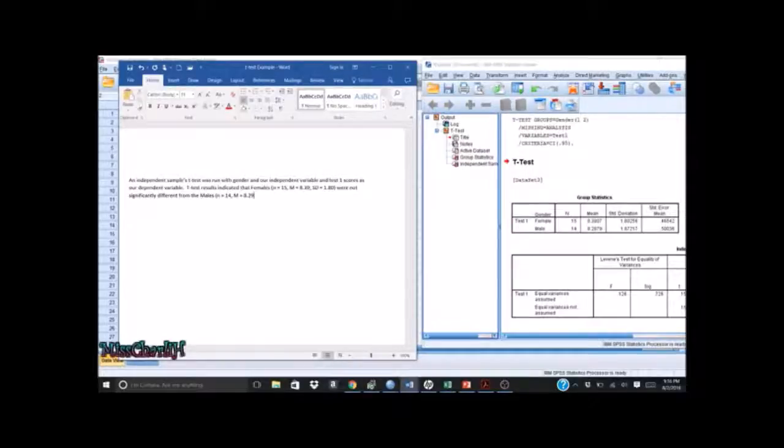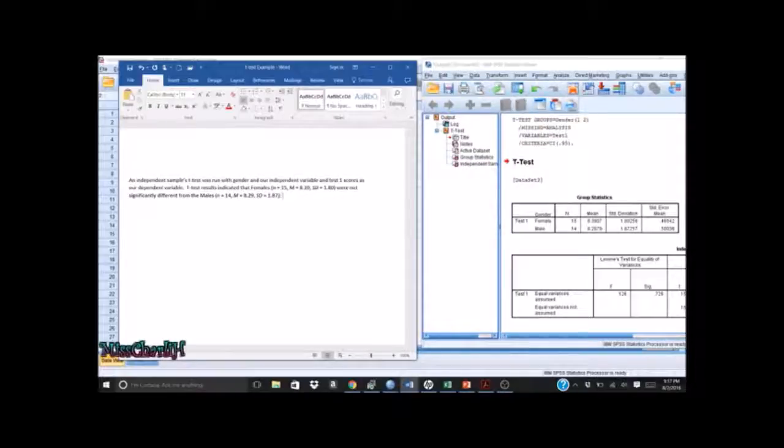To 9, I can round. Follow the rounding rules. If it's above 5, you want to round up. 1.87. There really is not too much of a quicker way to do this, but sometimes you can copy and paste and change the numbers if it's a little bit easier on you.